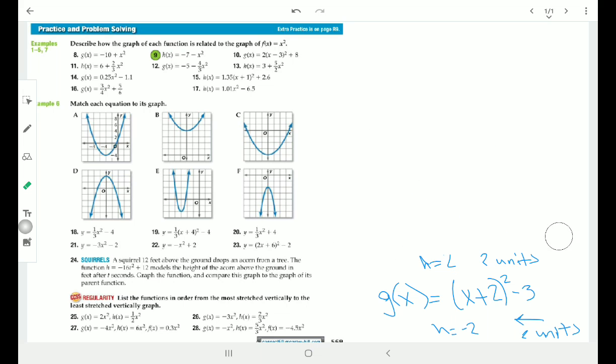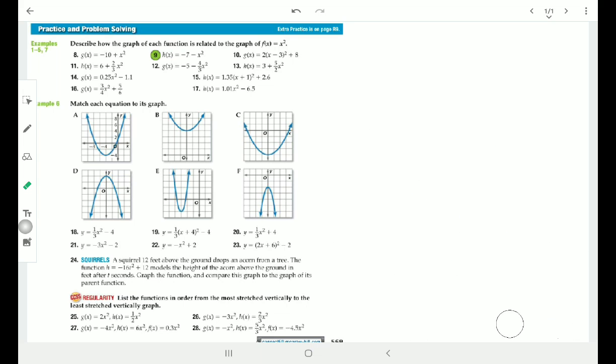Okay. Some other transformations we like to talk about are dilations and also reflections. If you have a reflection, it is shown through the coefficient on the x squared. So, for example, if I have 2x squared, my coefficient on the x squared is 2.